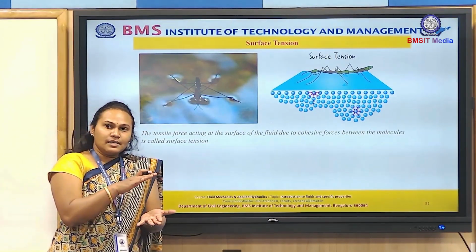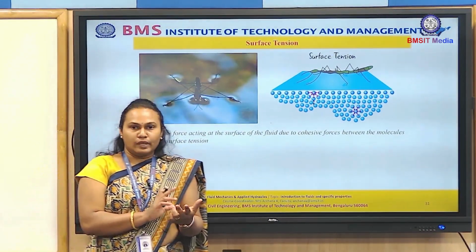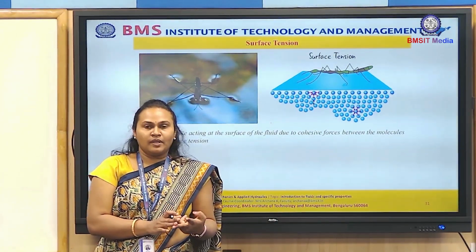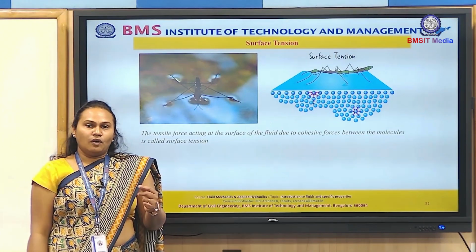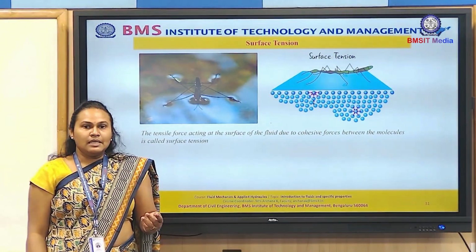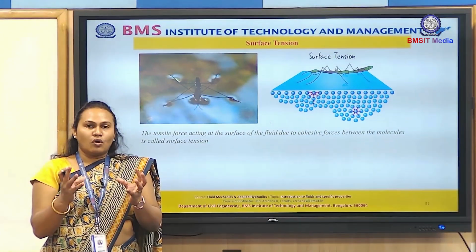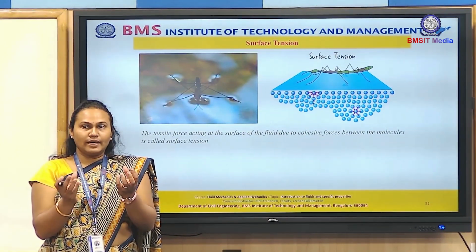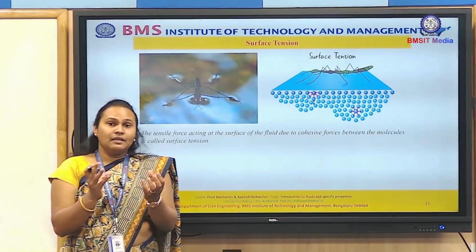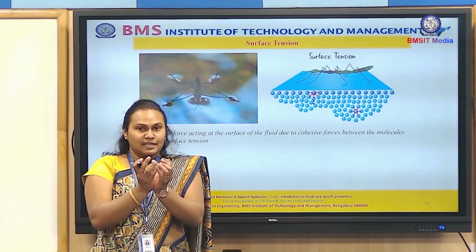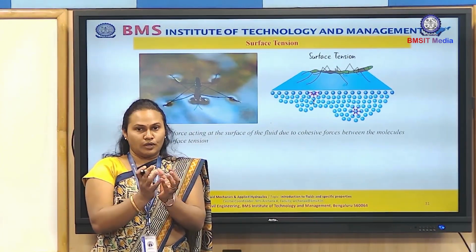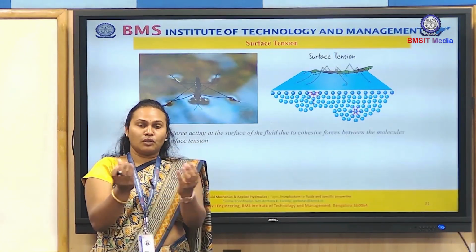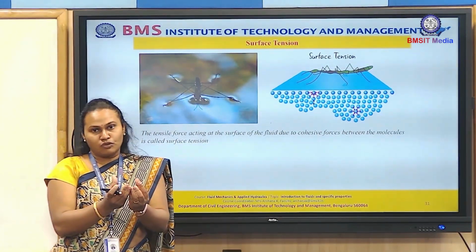Now, in order to understand surface tension, you should know two words. First one is cohesion and second one is adhesion. Cohesion is the property of the substance where the attraction is stronger between the same molecules. For example, one water molecule attracted to another water molecule will have a cohesive force.